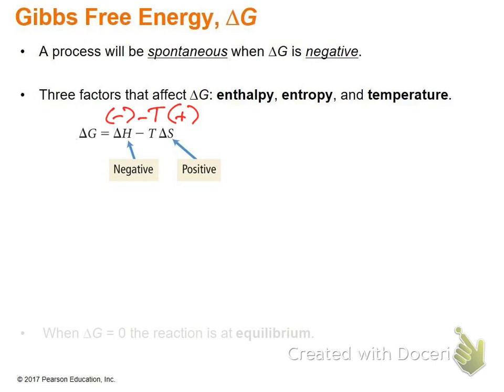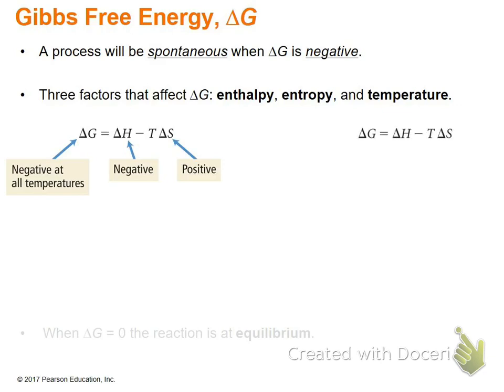Is it going to be a negative value or a positive value? Because you're subtracting a positive. Negative minus a positive is always going to be a negative value, regardless of the value of T, the temperature. So negative at all temperatures. So if it's negative at all temperatures, that means that it's spontaneous. It will never be non-spontaneous.